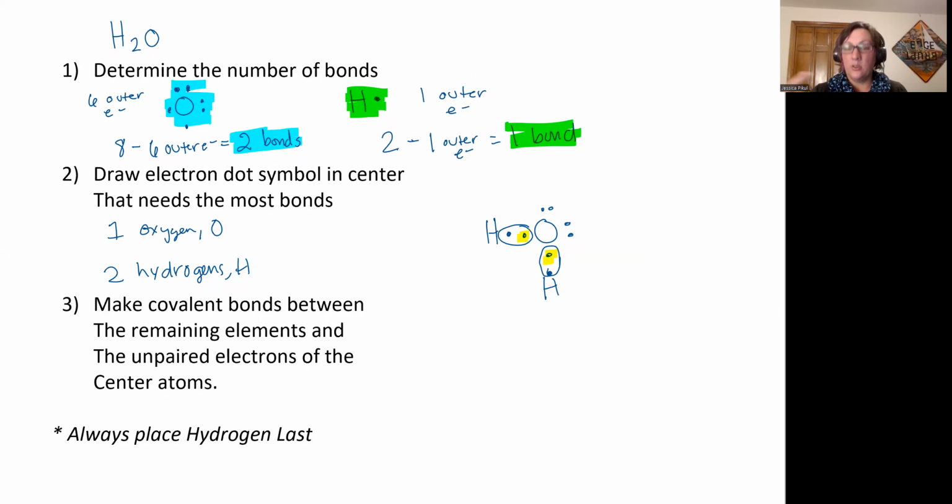And now at this point, I can represent it one of 2 ways. I can either represent it as electrons sandwiched in between the oxygen and the hydrogen, or I can use lines like that.